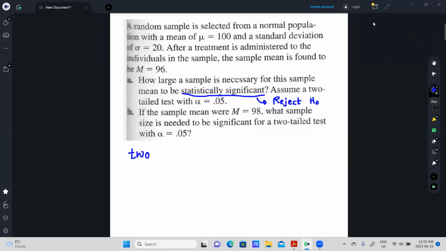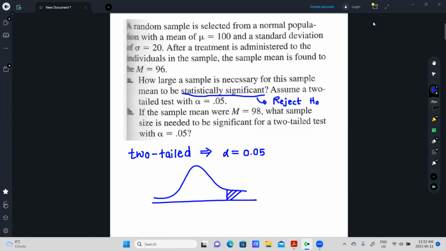So it's two-tailed and alpha is equal to 0.05. Since it's two-tailed, we need rejection regions on both sides, and the probability of these regions altogether is equal to alpha.